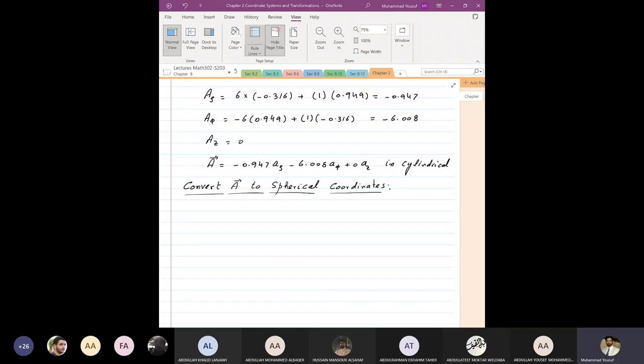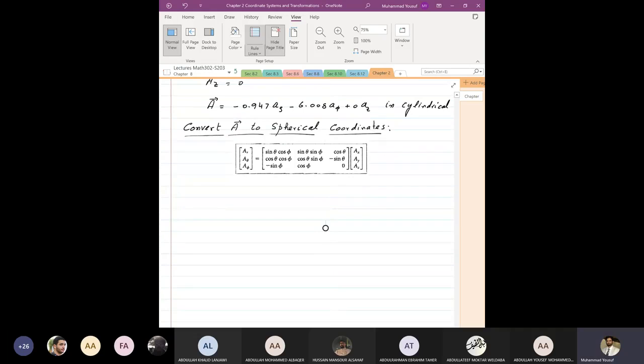For this, again, we will use what will be given to you also in the formula sheet: how to convert from Cartesian to spherical. Let me repeat that process here.